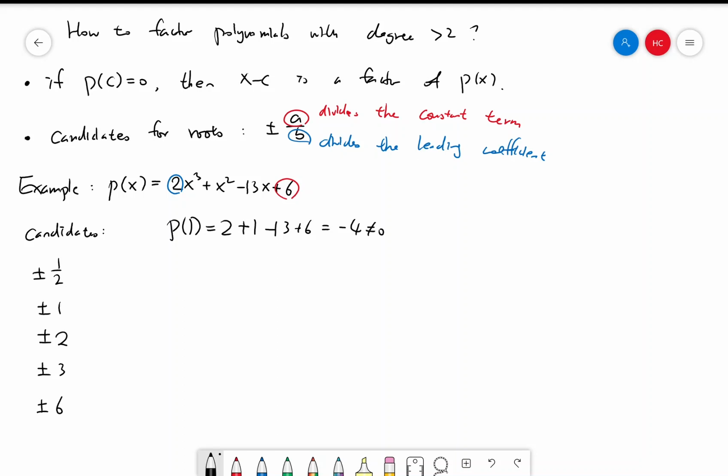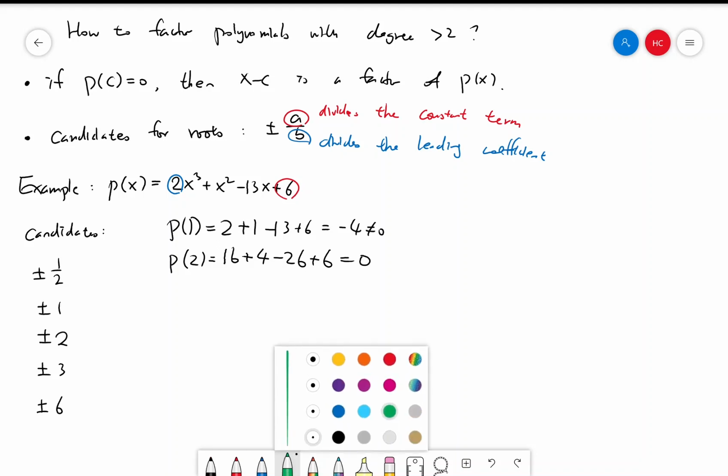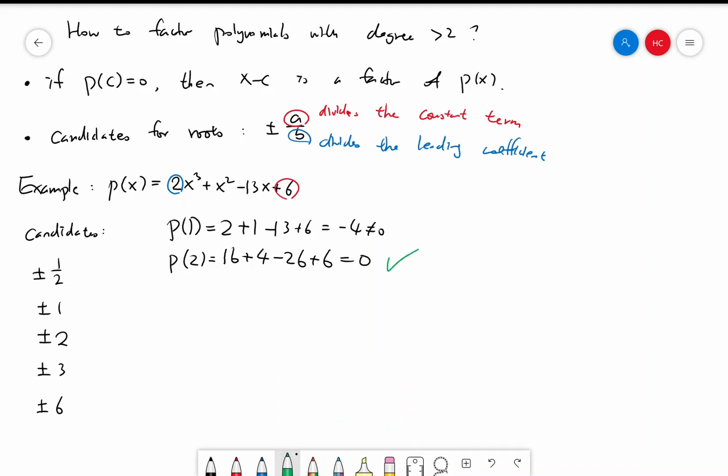Now let's try 2. If we plug in 2, we get 16 plus 4 minus 26 plus 6. This is equal to 0. So 2 is a root. That means x minus 2 is a factor. Once we find a factor, we can use long division to find the other factors.